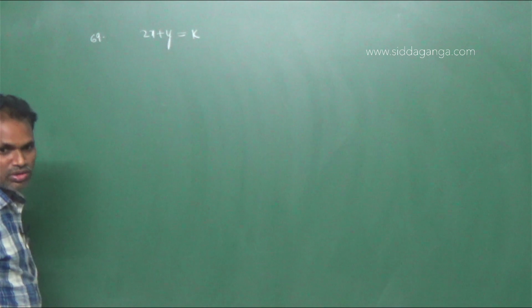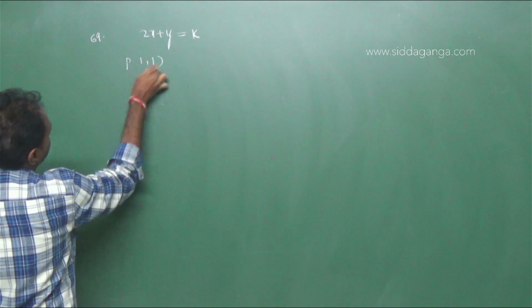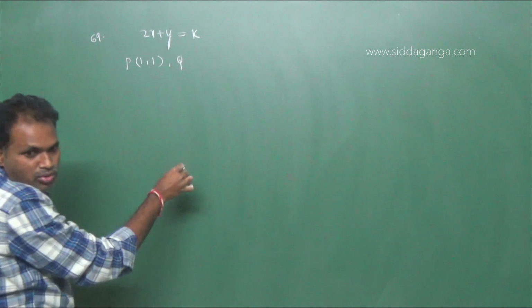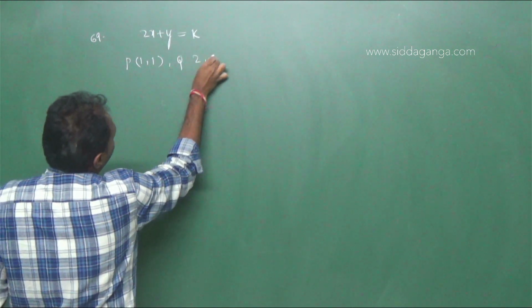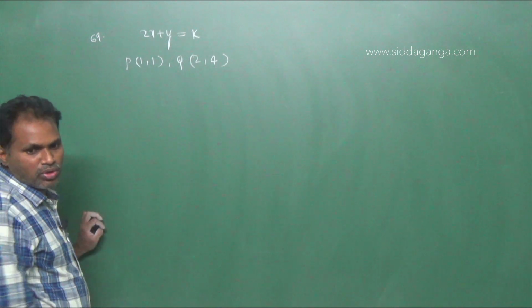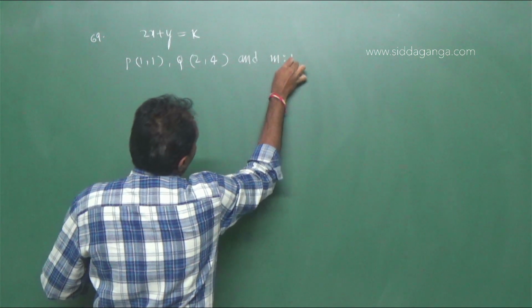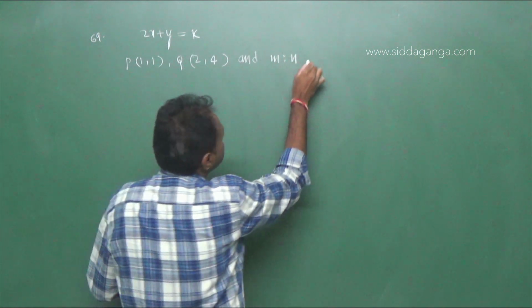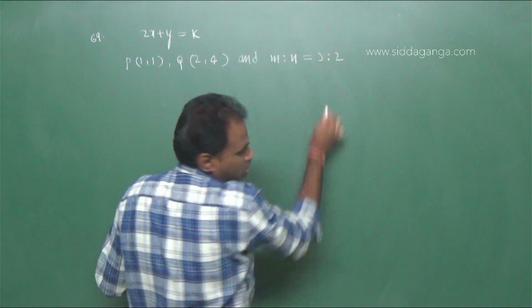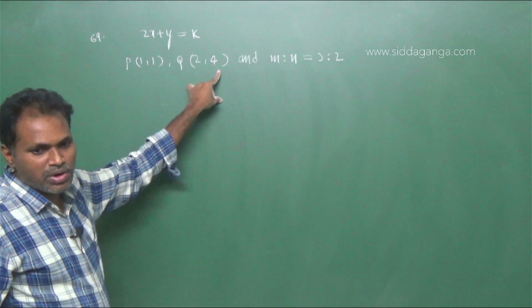And the points: first point P, 1, 1, and second point Q, 2, 4. And the ratio m is to n equal to 3 is to 2. First point x1, y1, second point x2, y2.